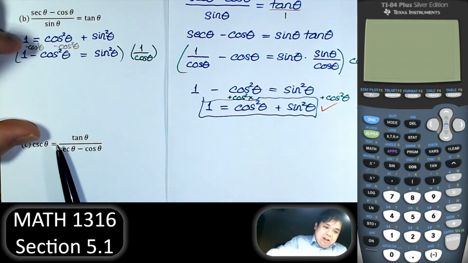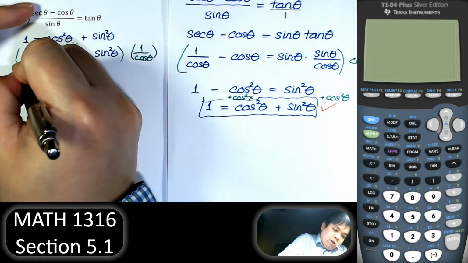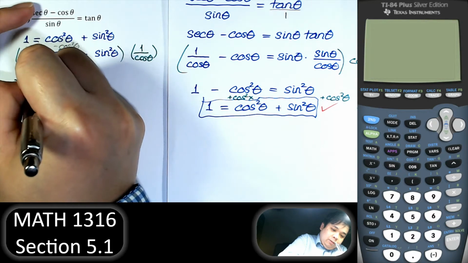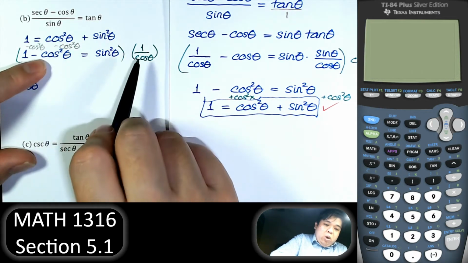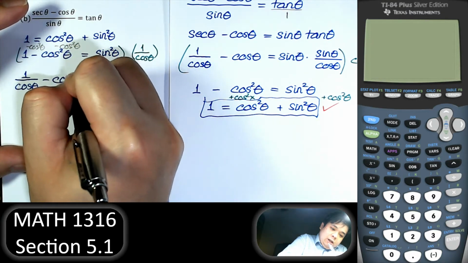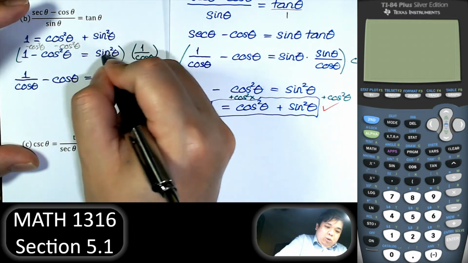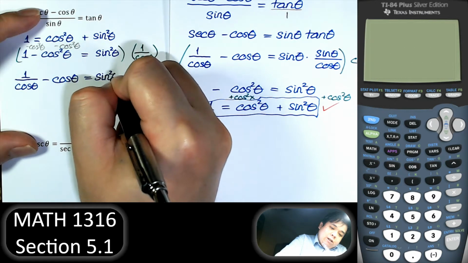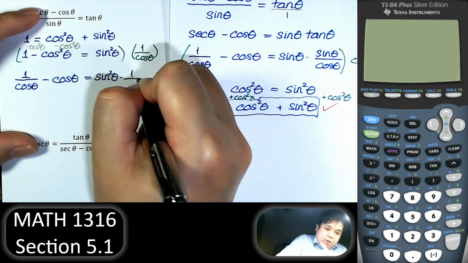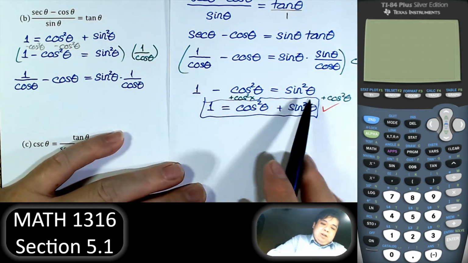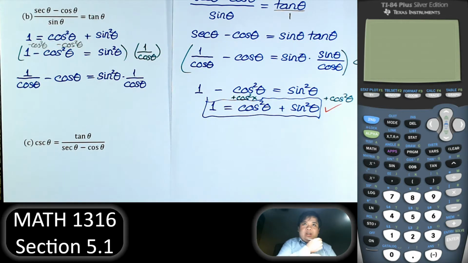That is going to be 1 over cosine. Cosine square divided by cosine is cosine. And then we multiply. That gives us sine square times 1 over cosine. Okay, so of course reverse process, that's what we have.